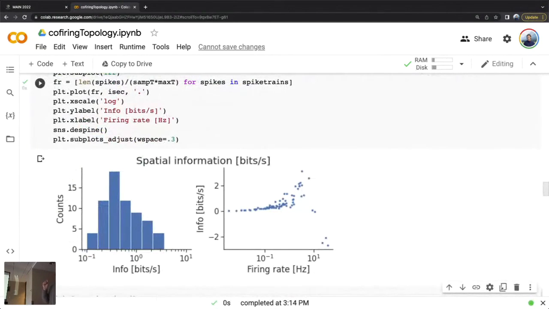As you can see, there is a small trend with firing rate, because here we're just measuring the rate of information, so bits per second. You can imagine that if a fast firing cell is also informative, it will have a higher rate, right? But these 3 last points at the bottom are 3 interneurons. They're very fast spiking, but they don't really encode that information.